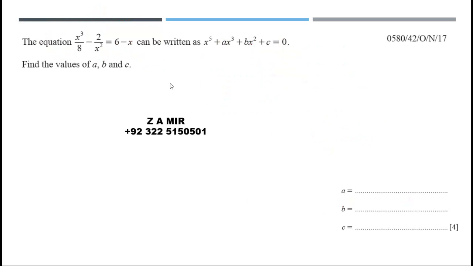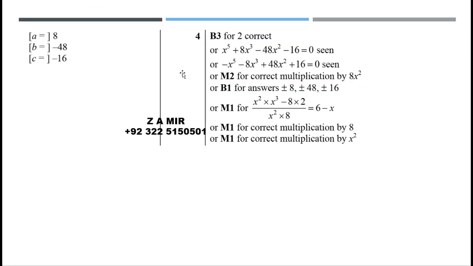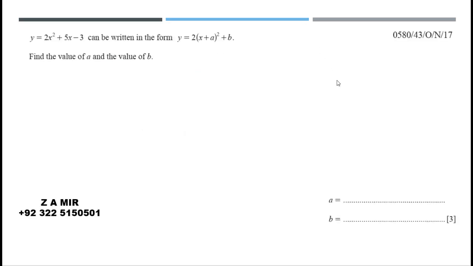The next question is for practice. And this is completing the square. Here what we will do, in completing the square, the coefficient of x square should be 1, but it is 2 here. So I will take 2 common.